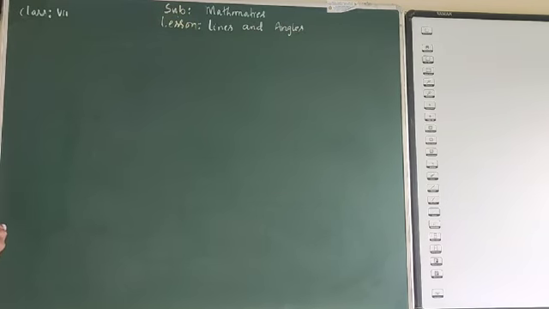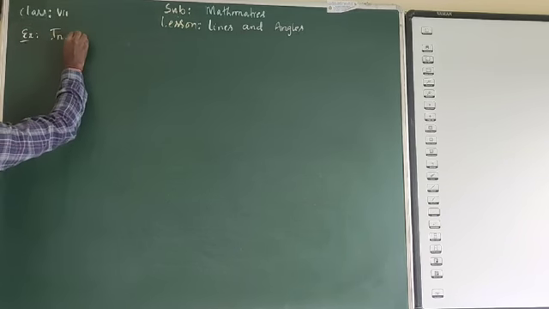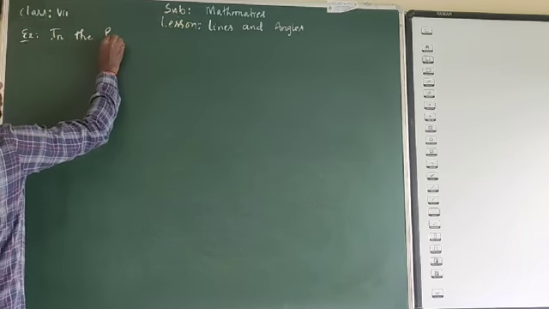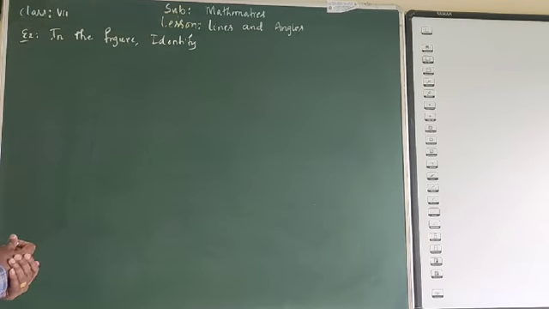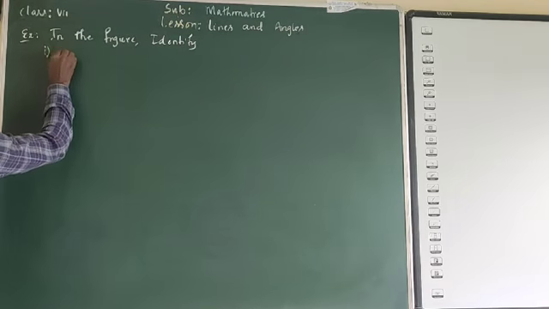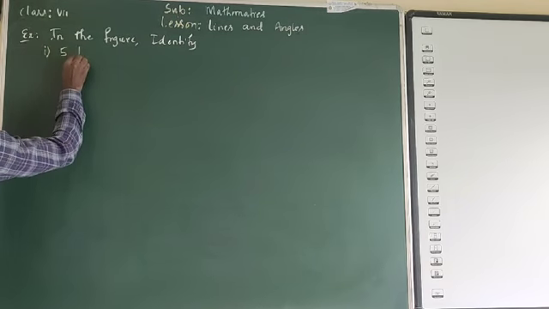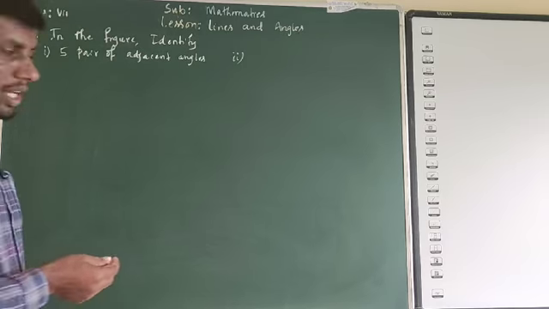In the figure, for example, identify 5 pairs of adjacent angles. First question is 5 pairs of adjacent angles. Second question is 3 linear pairs.